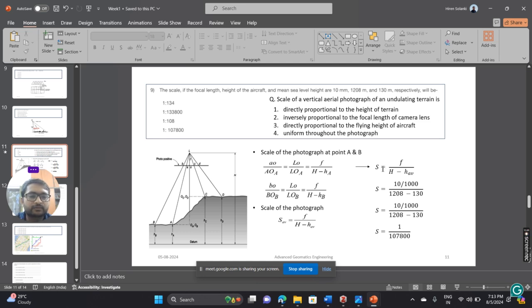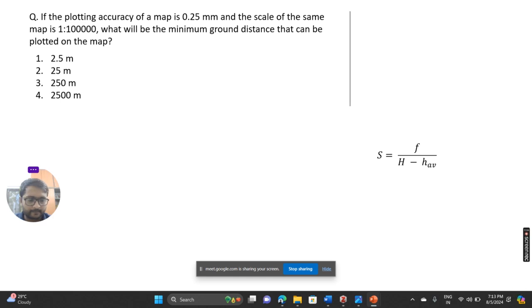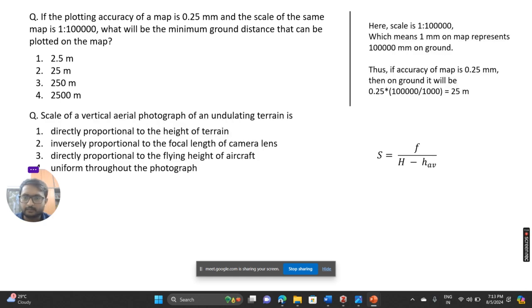So we can say that the scale is directly proportional to the height of the terrain. Are you getting my point, or is there any doubt?